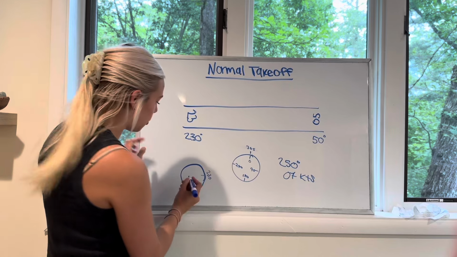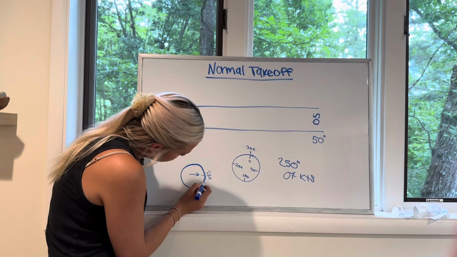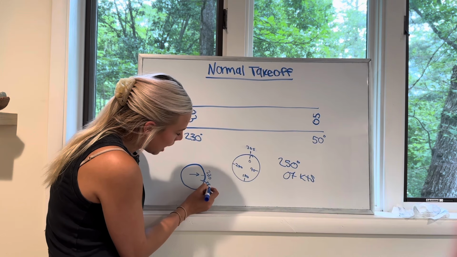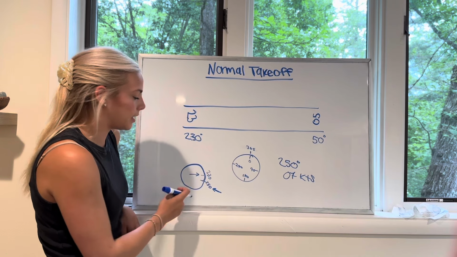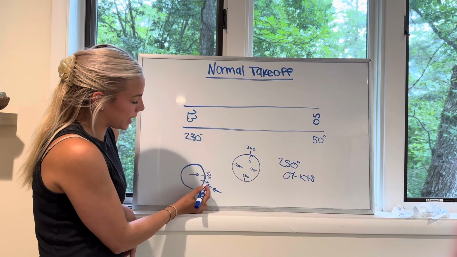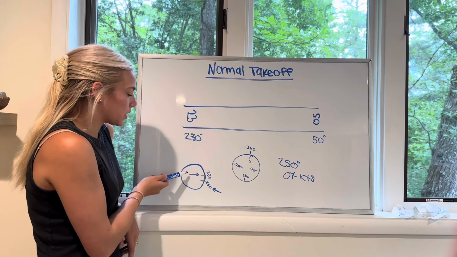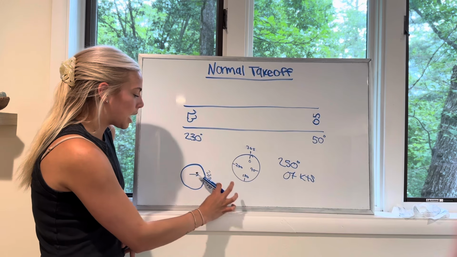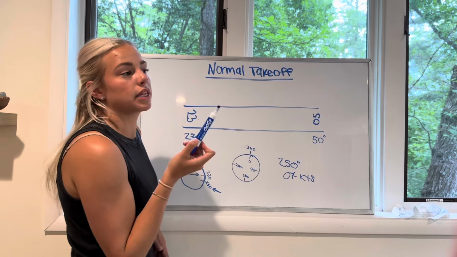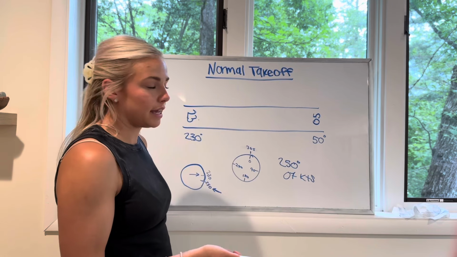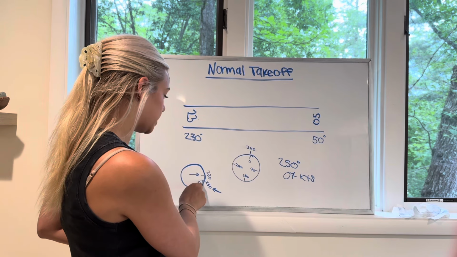That's what it's going to be pointing at. That means that the wind's going to be right here coming from 250. So that means the wind is coming at us in that direction. So since we're landing 230 and the wind's coming at 250, then that means 230 is going to be the runway that we use to take off and land because it's giving us a headwind.